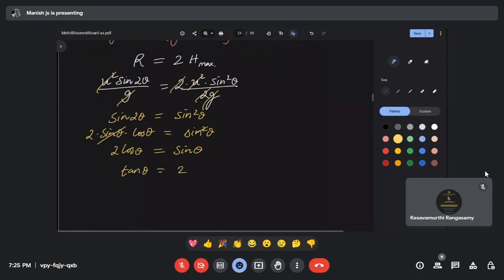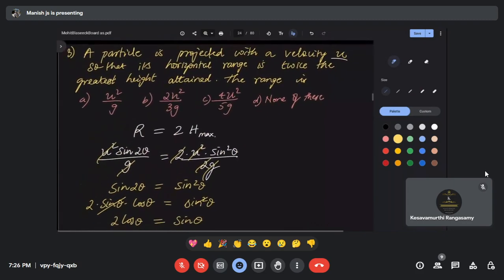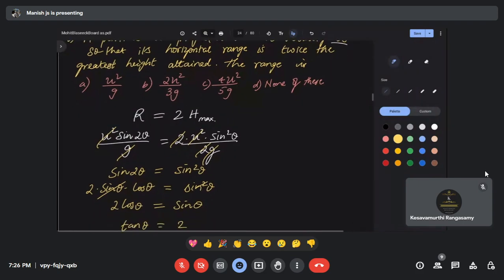If tan theta is 2, now we got a relation. Now in the question, they are asking us, what is the range attained? Therefore, we need to get the answer in terms of u. So that means we need to eliminate sine and cos.